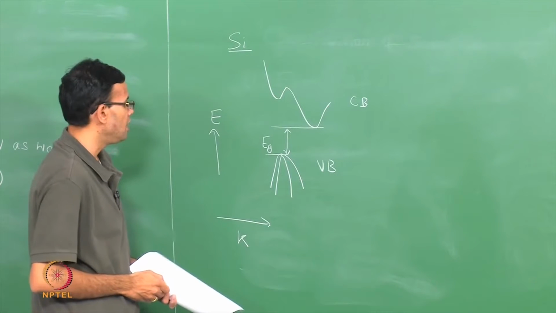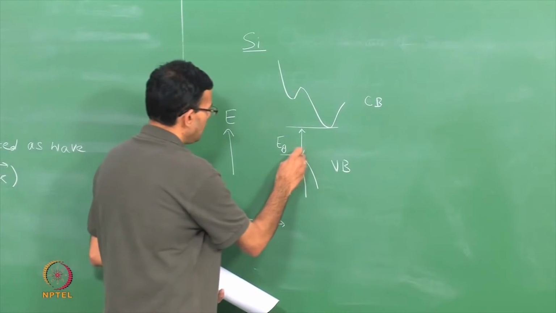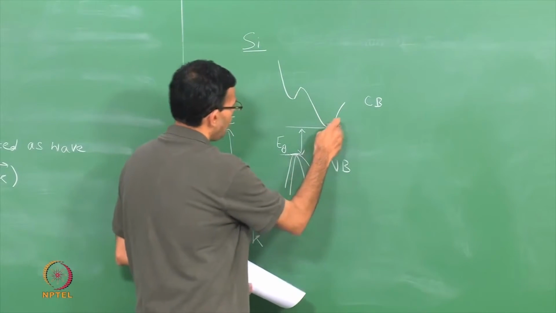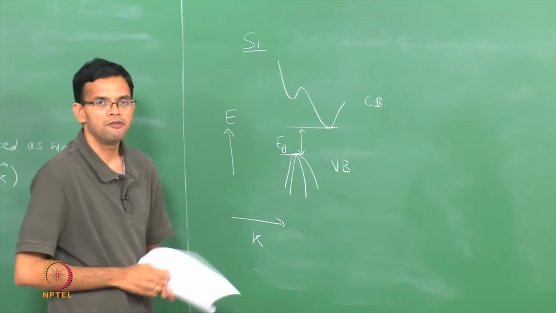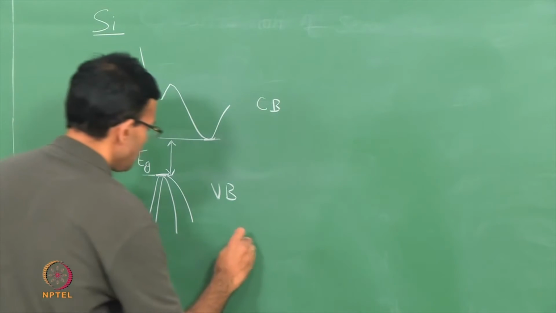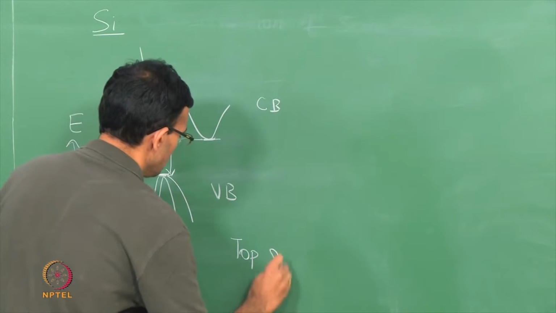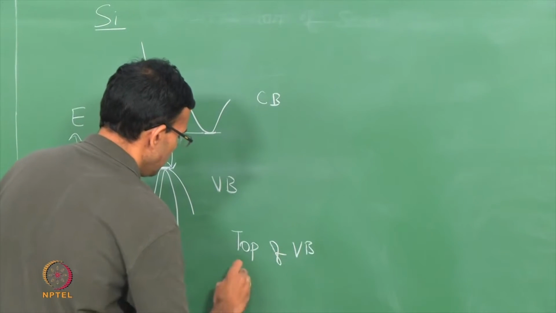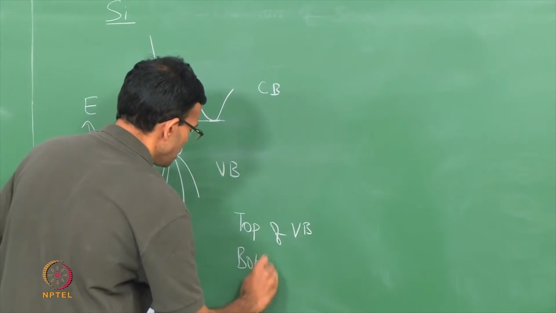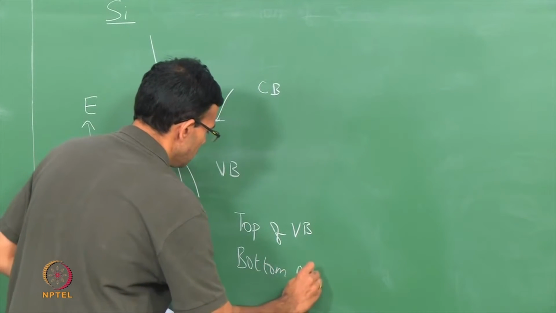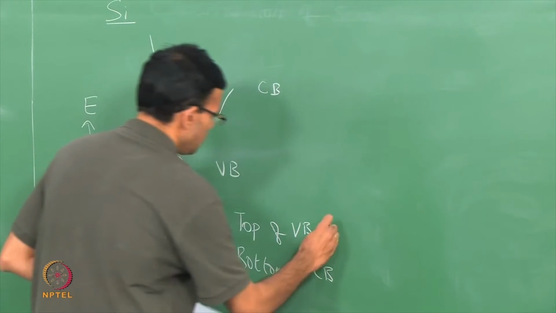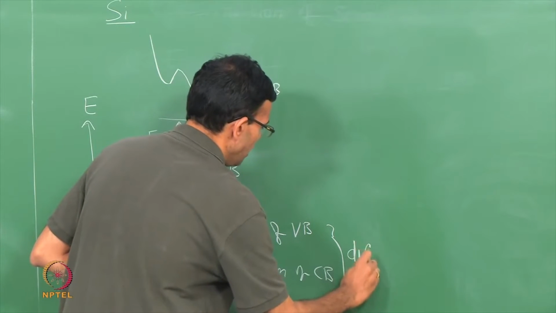So, in the case of silicon, the top of the valence band and the bottom of the conduction band are at different values of k.